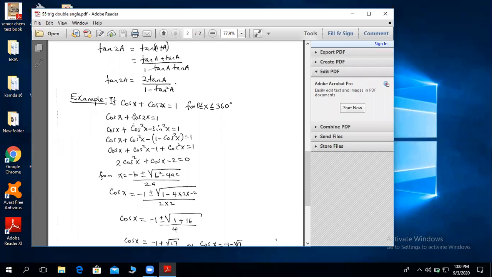When we substitute cos 2x with cos squared x minus sin squared x, it now becomes cos x plus cos squared x minus sin squared x. Now remember also, when you look at this expression, almost everything is in cos. So I can express everything in terms of cos by removing this sin squared x, and I put there 1 minus cos squared x.